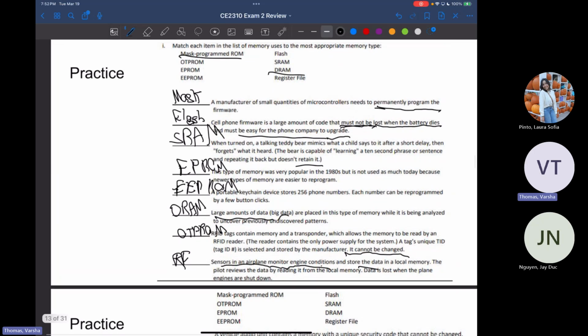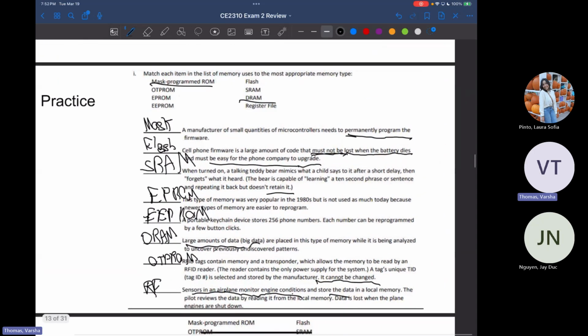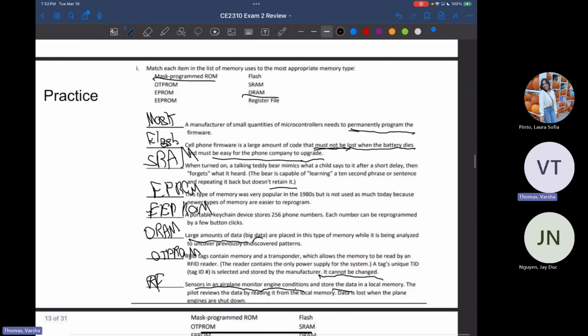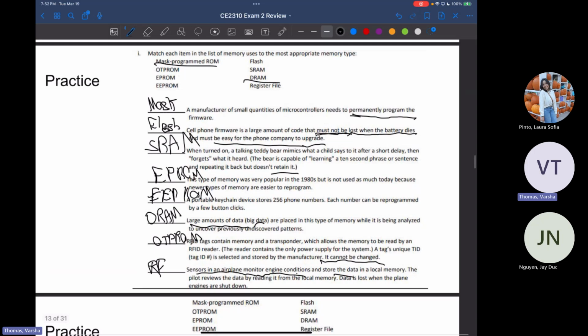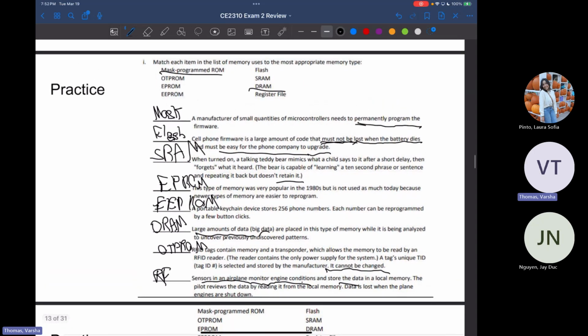So we've got to look carefully at those. Manufacture of small quantities. Microcontroller needs to be programmed. The RFID contains memory to be read. Power supply for the system. It cannot be changed.